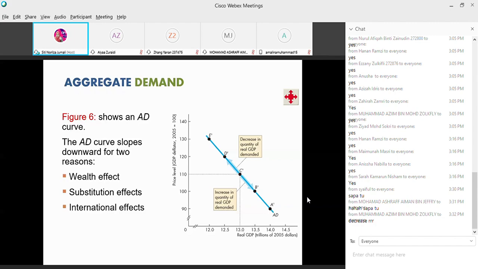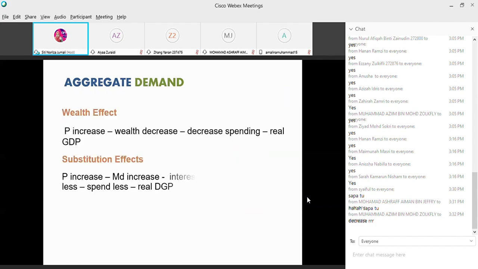Substitution effect means that, okay, sorry, I'm confused with this one, the international effect. I'll explain the international effect first.